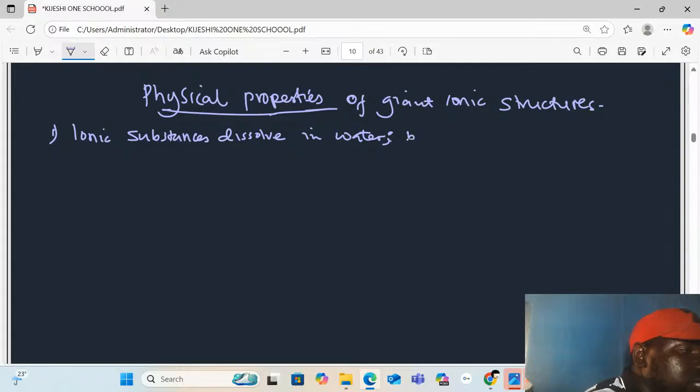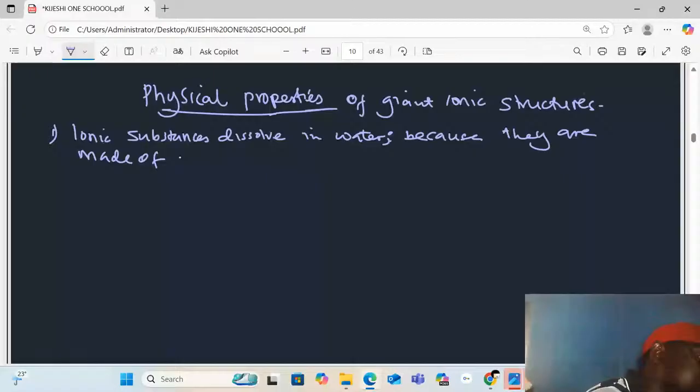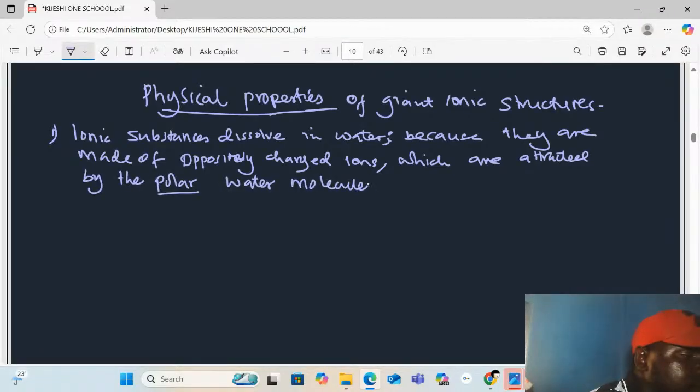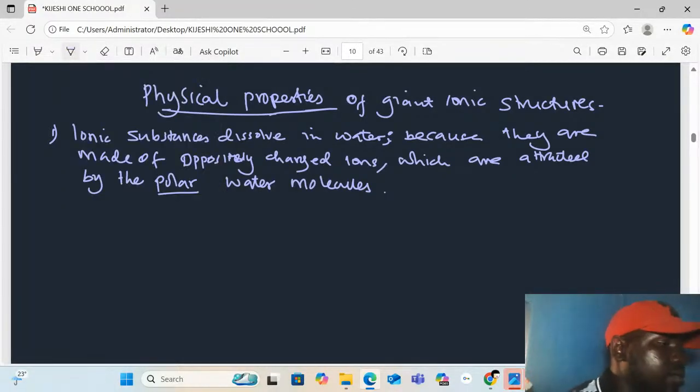Because they are made up of oppositely charged ions, which are attracted by the polar water molecules.